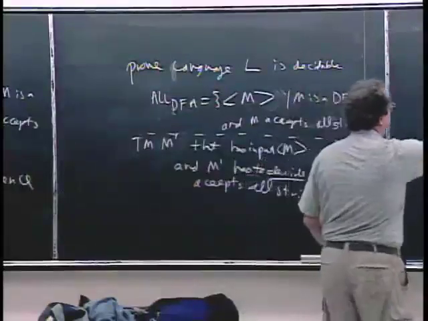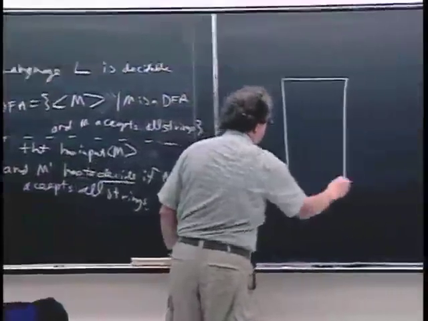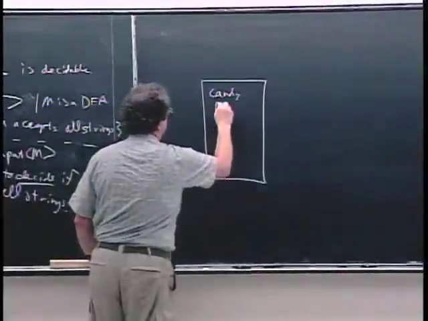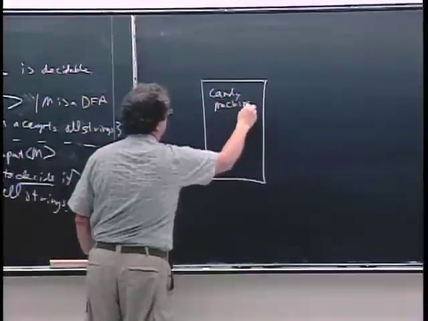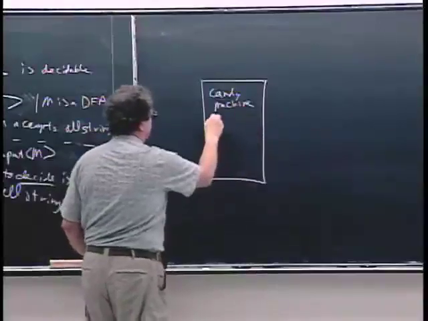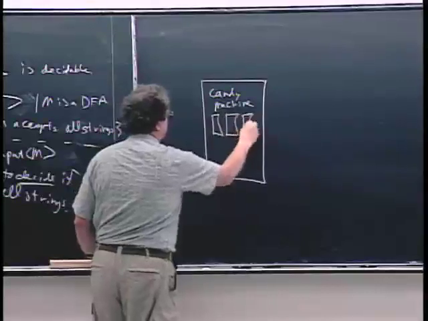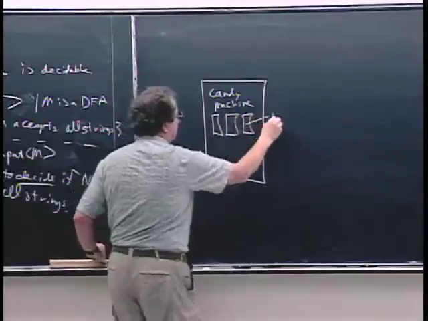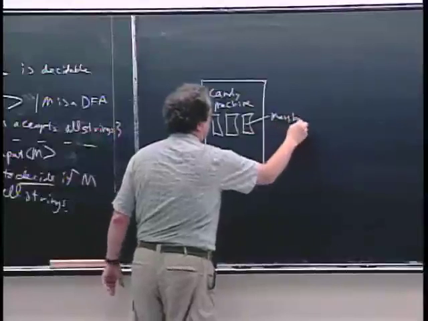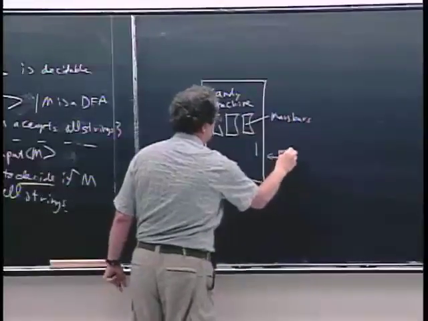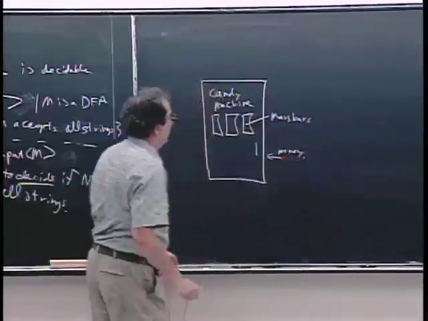So let's say you have some candy machine, okay? And it has various types of candies, Mars bars or whatever. And it's got a place where you put in the money. Okay.